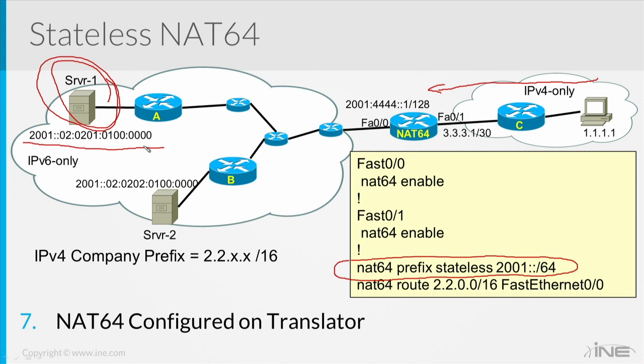Because I'm a DNS64 server, I know that I can take that, and because I've been told that the first 64 bits are the NAT64 prefix, I can ignore this portion right here, ignore that, and I now know that the IPv4 address is embedded right here. So the DNS64 will respond back to this guy saying, okay, you want the IPv4 address of server1.ine.com? It is 2211.